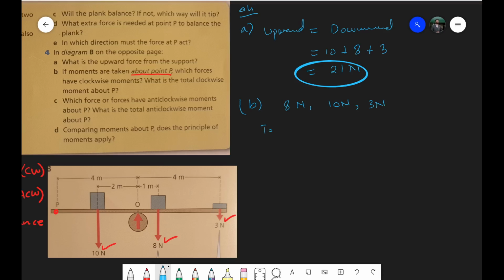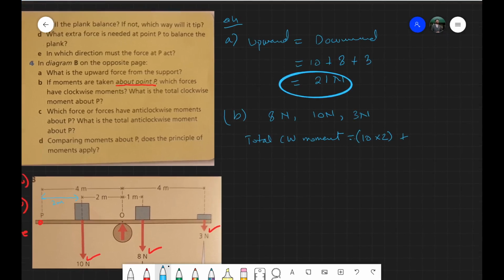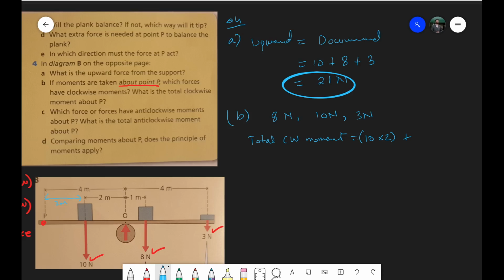And what will be the total clockwise moment? Well, we can find that out because we have all the distances and all the forces available. So the 10 Newton force is 2 meters from point P. Let's make that distance clear on the diagram. 10 into 2 plus the 8 Newton force is 4 plus 1, 5 meters away from it. So that will be 8 multiplied by 5.